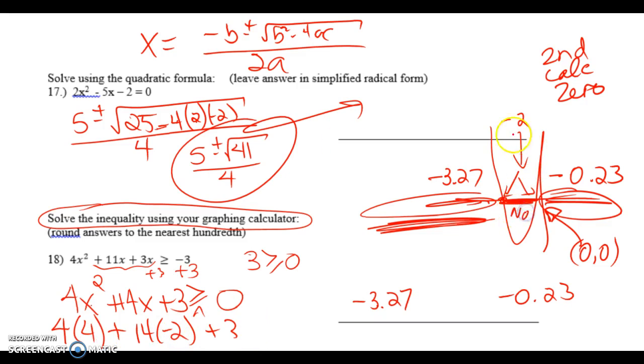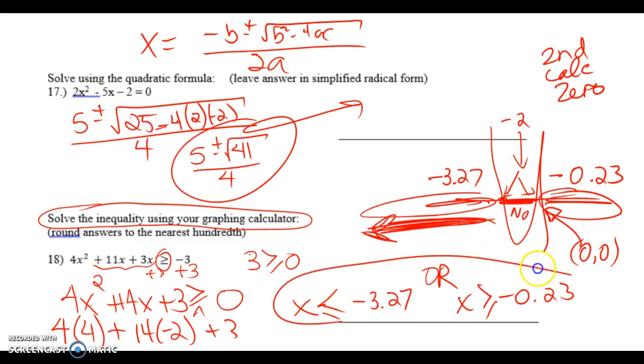So if we look at this, x has to be less than this number, and this is or equal to, because that's including, right? Or greater than this number, or equal to. You can never write a compound inequality with the signs going in opposite directions.